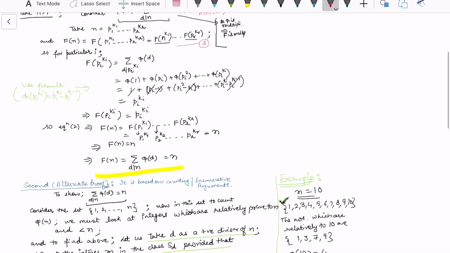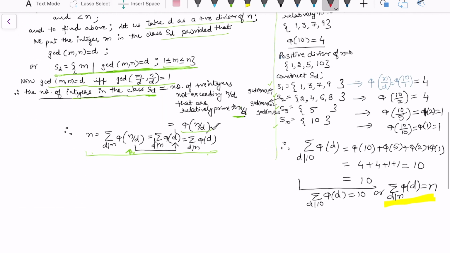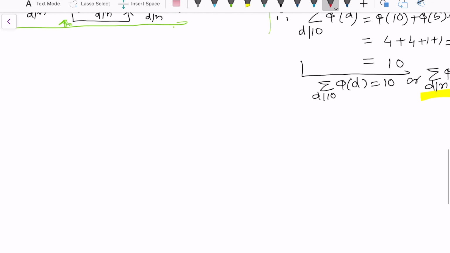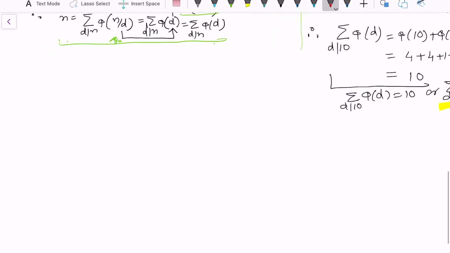Now we have another theorem, which again talks about the second interesting property of this phi function. And what does this theorem say?